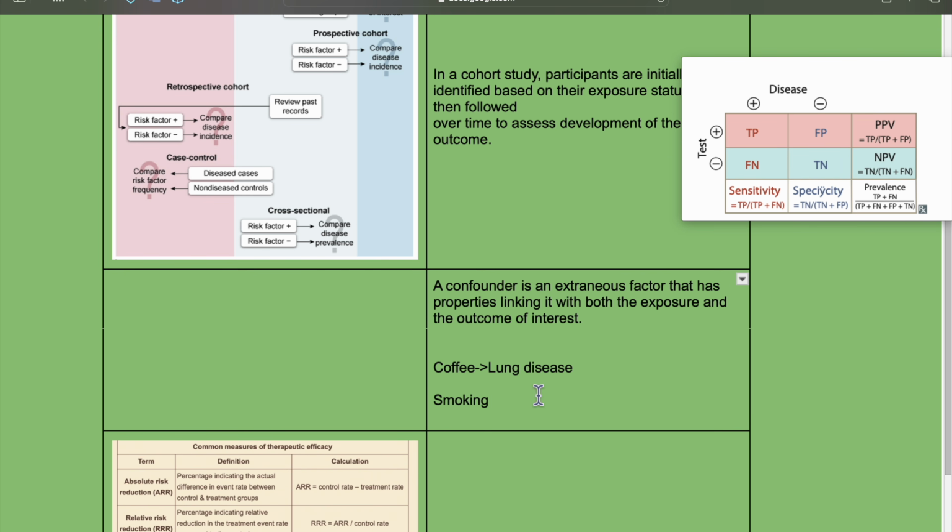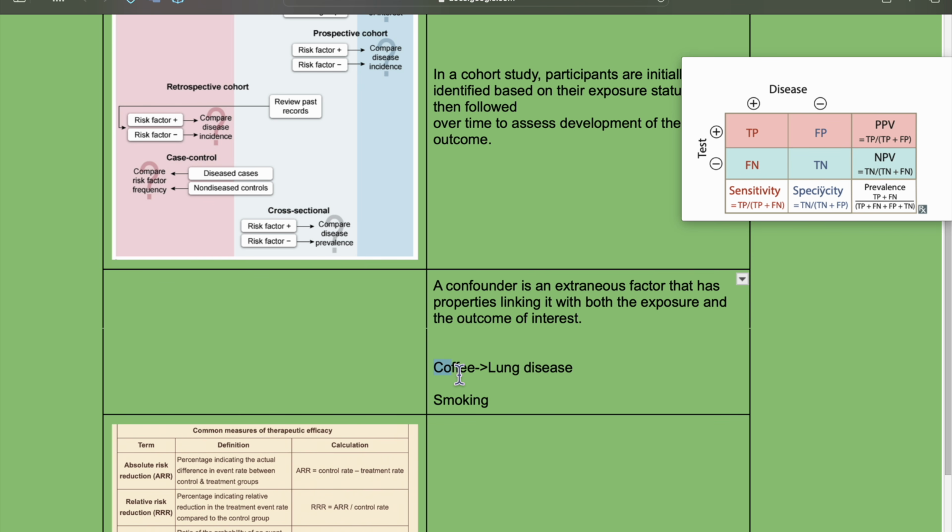Okay, so here smoking is the confounder, okay? So if coffee is leading to this, smoking is a confounder of lung disease as well, right? What turned out was that people who drink coffee were more prone to smoking as well.